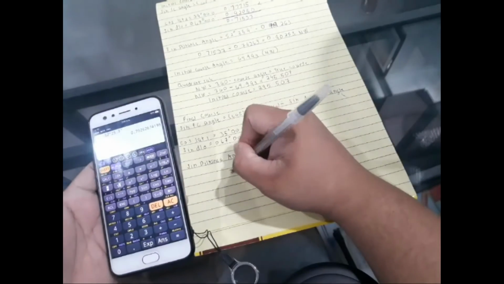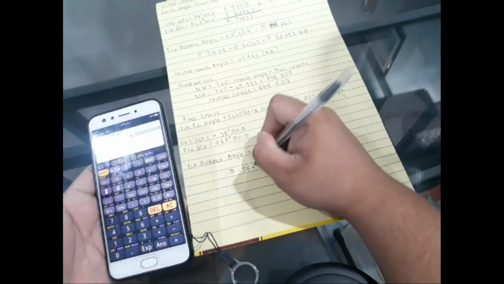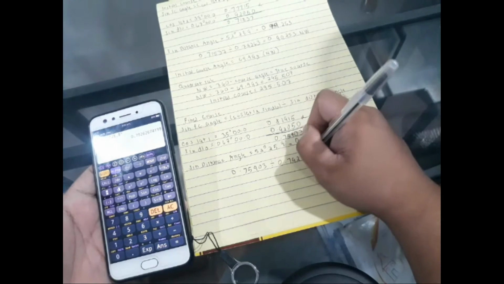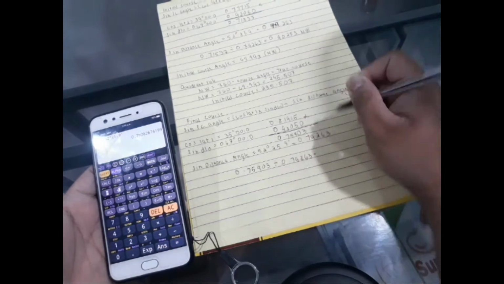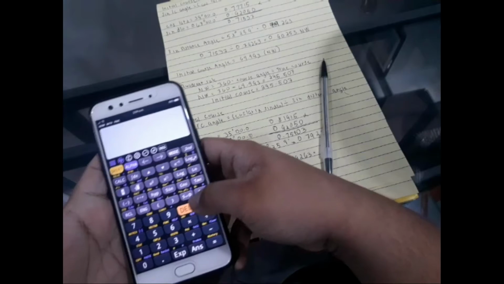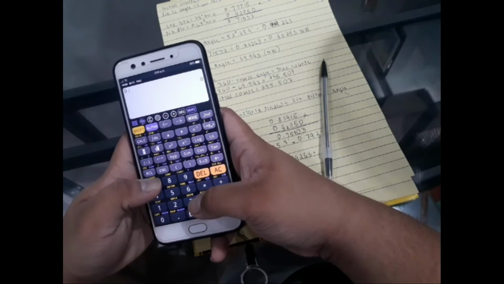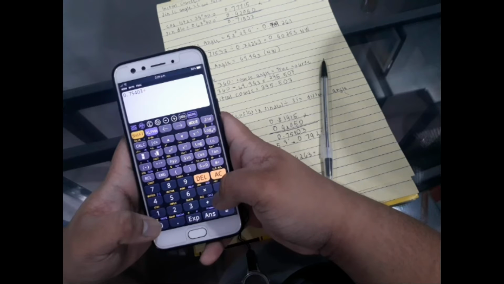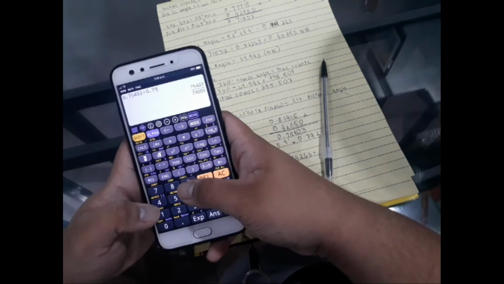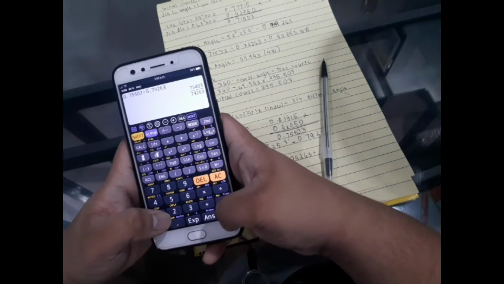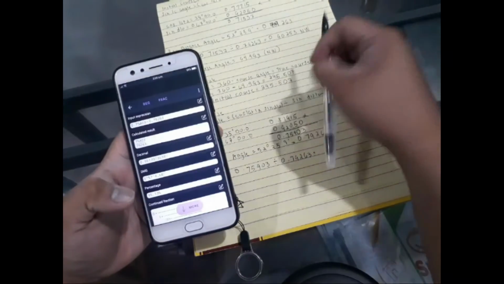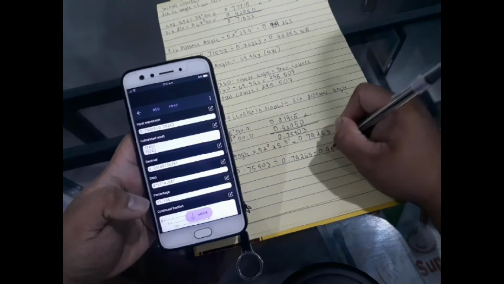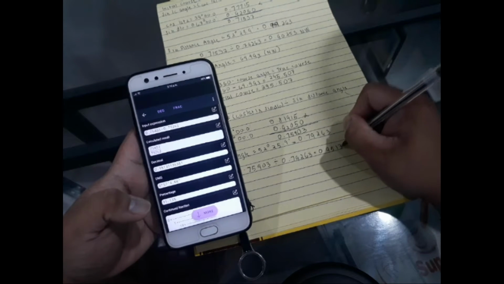So 0.75403 divided by 0.72963 is equals to, there you go, the decimal, 0.95130.